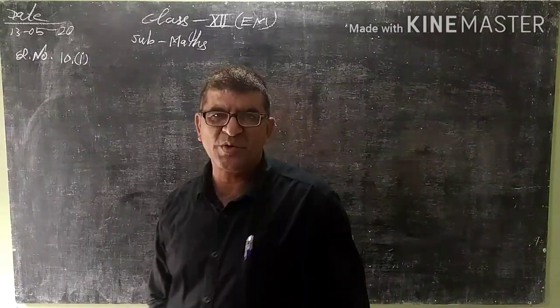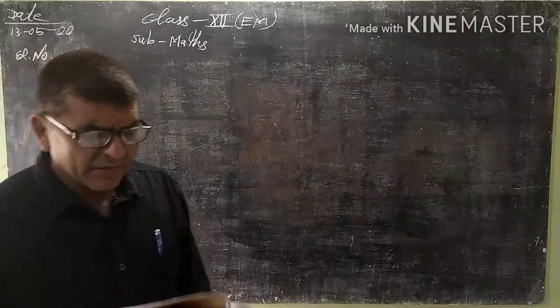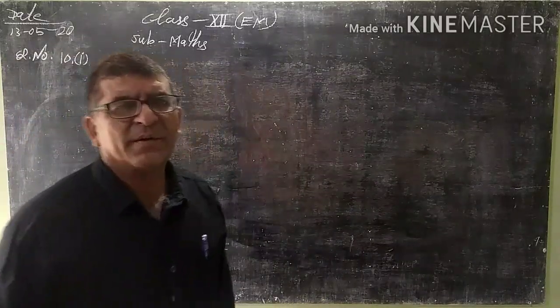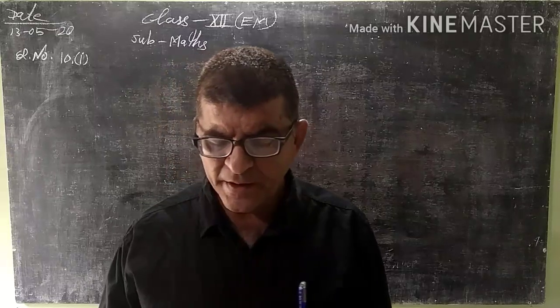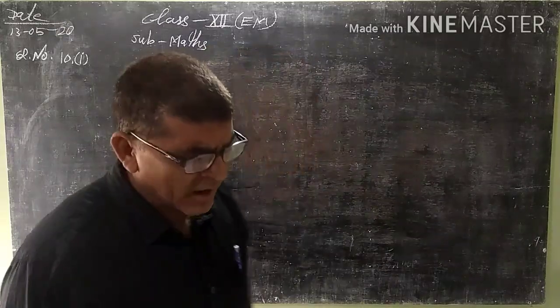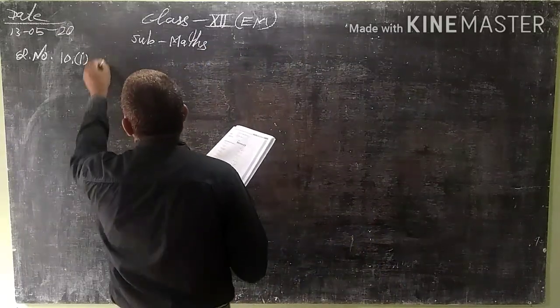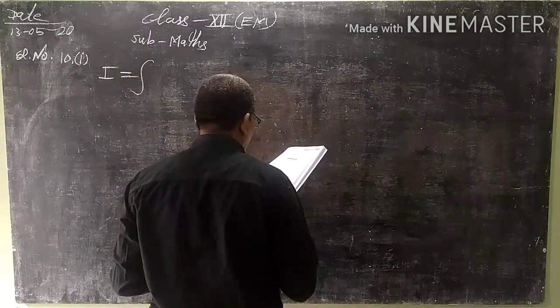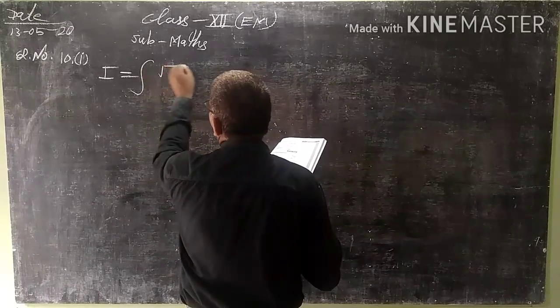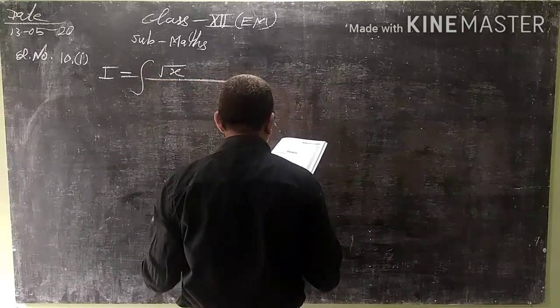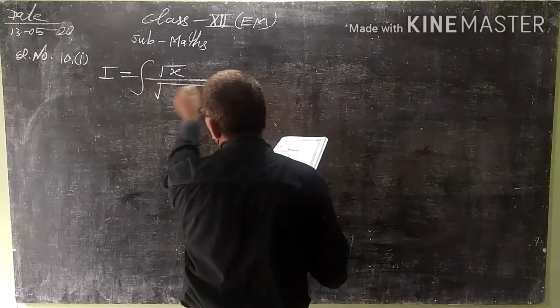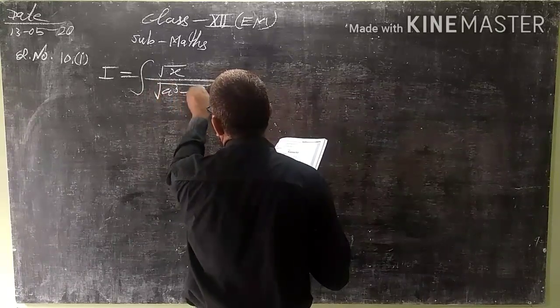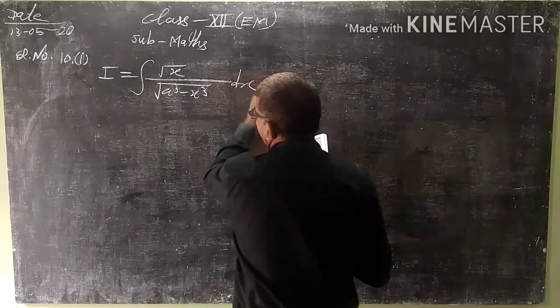Yes, dear students, now we are going to start question number 10, part first. I equal to integral of under root x upon under root a cube minus x cube dx.